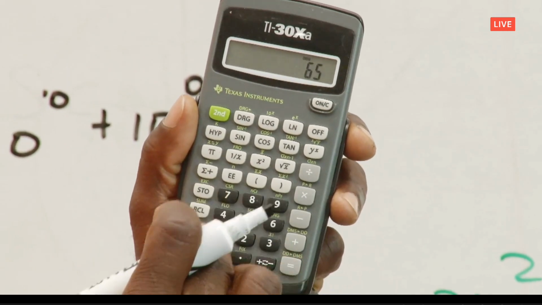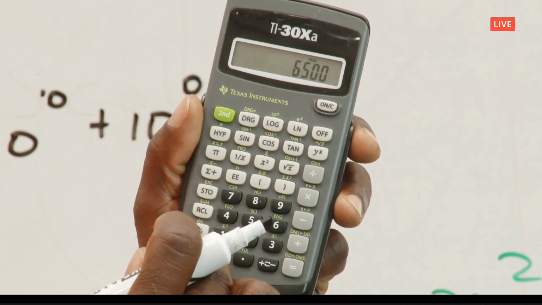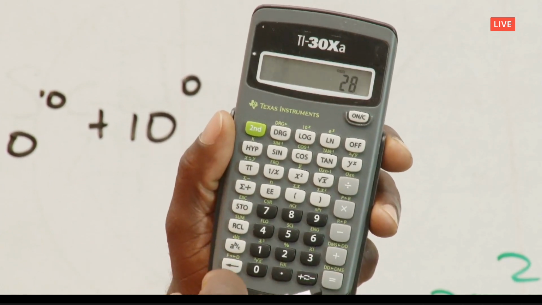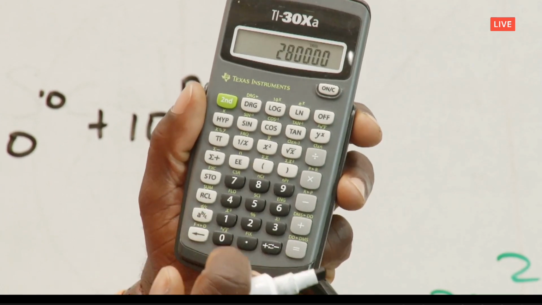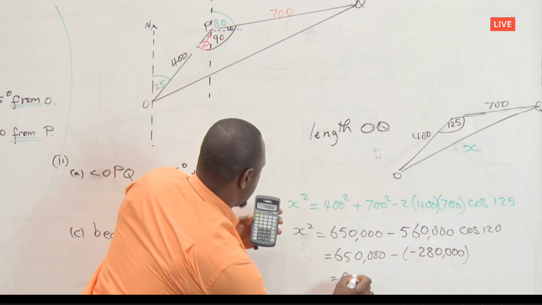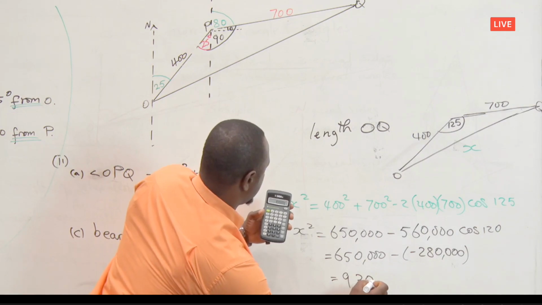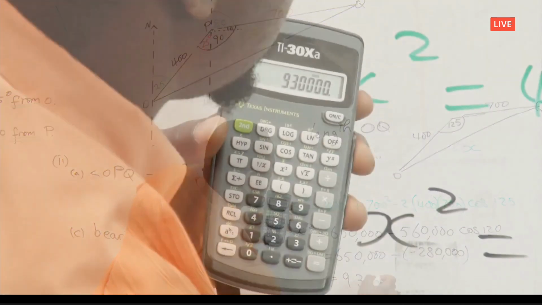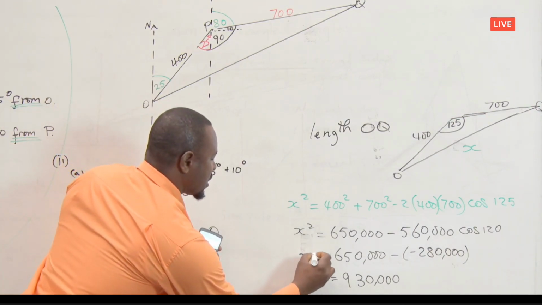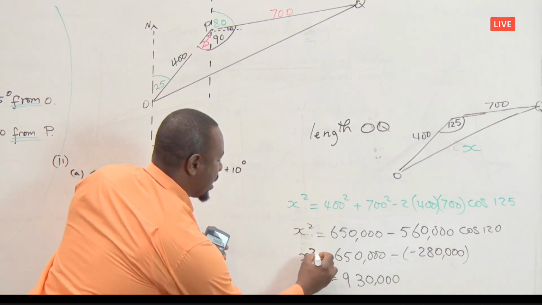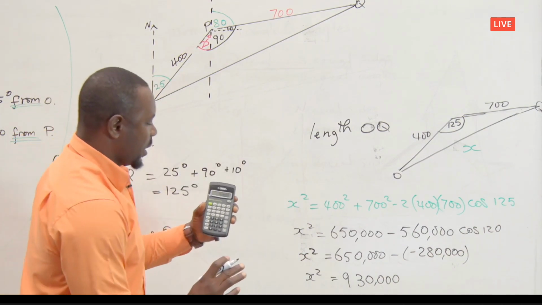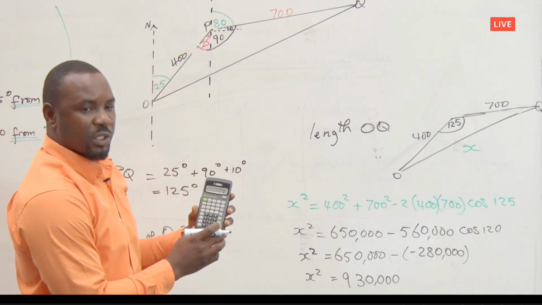Let's do it over. 650,000 plus 321,000 equals 971,000. Good? So this is all x squared. Now if you had the other calculators, it might have been easier for you to just punch it in straight like that. But nonetheless, we're going to get to the solution.